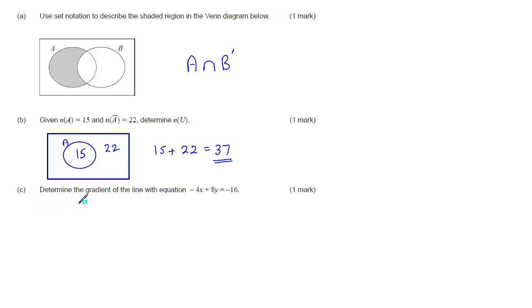In part C, we want to determine the gradient of the line with equation negative 4x plus 8y is equal to negative 16. To read off the gradient, we want it in the form y equals mx plus c, and then m is the gradient. So starting with negative 4x add 8y is negative 16, if we move this across to the other side, or add 4x to both sides, then we get 8y is equal to 4x take away 16.